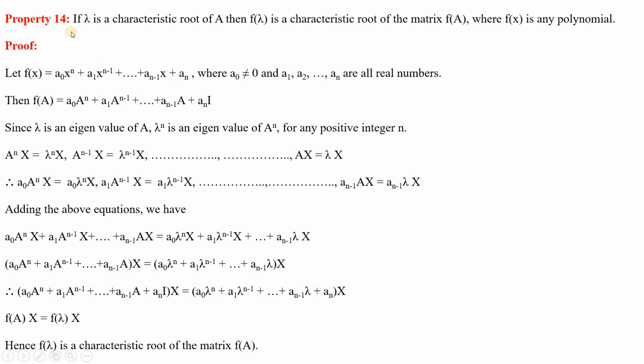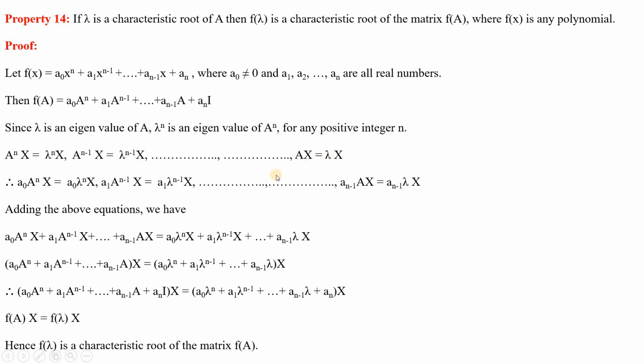The final property we are going to see is that if lambda is a characteristic root of A, then f of lambda is a characteristic root of the matrix f of A, where f of x is any polynomial. So we take f of x as any polynomial. So f of A will be like this. Since lambda is an eigenvalue, lambda power n is also an eigenvalue of A power n.